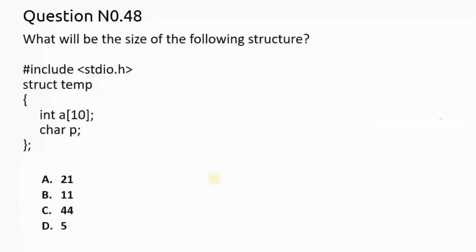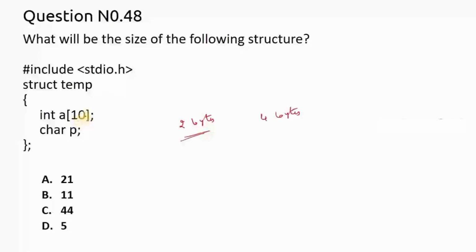Question number 48. What will be the size of the following structure? Here it may be a simple one. Struct temp is a structure. For each integer, 2 bytes if I consider. Of course, in some advanced compilers it may be taken as 4 bytes. So 2 bytes if I consider, for 10 variables. An array is a collection of similar data elements.